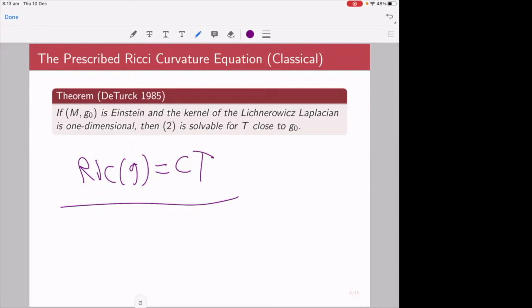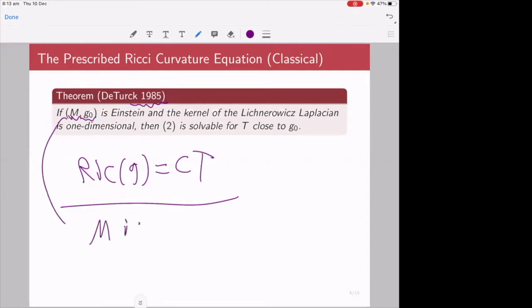And so this was work that de Turck did in 1985. Hamilton had a very similar result that seemed to have been done independently. De Turck's result: if your reference tensor is Einstein, so let's say you've got a smooth manifold alongside a smooth Einstein metric, G0. I didn't specify this in the theorem, that was unfortunate.